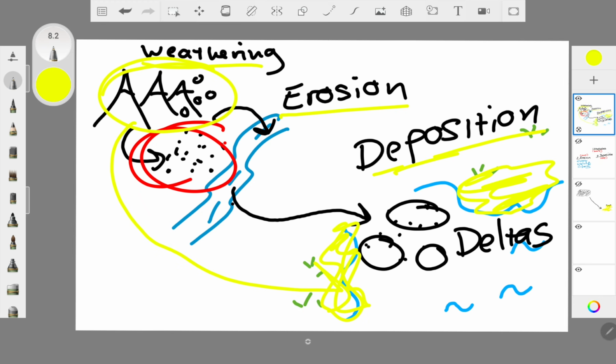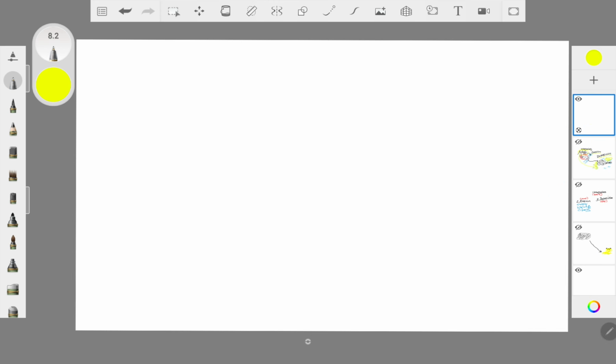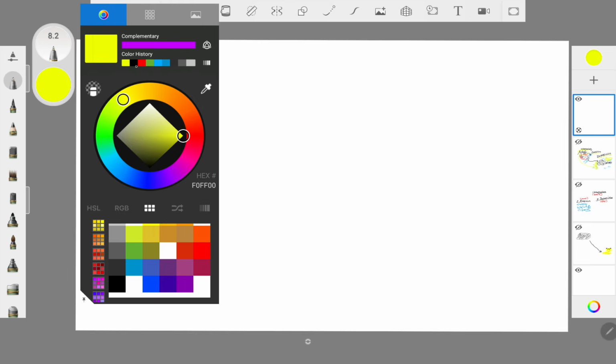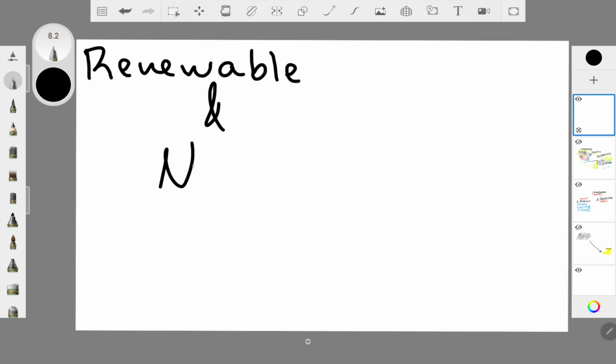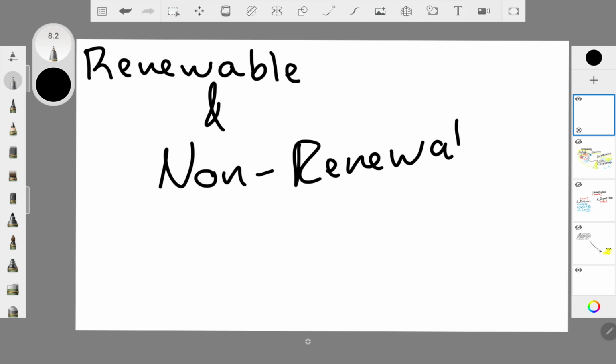Right, I think that's everything we need to cover for this. So, let's move on, okay? The second half of the foundation science topic was renewable and non-renewable fuel sources, okay?